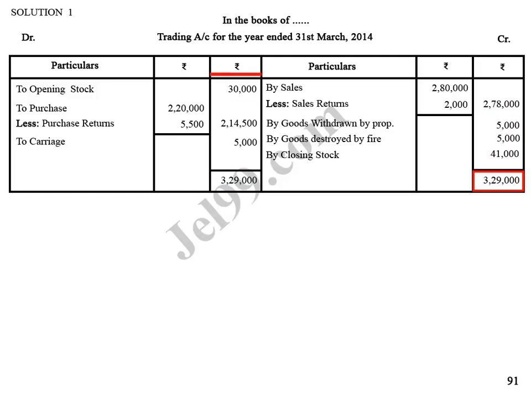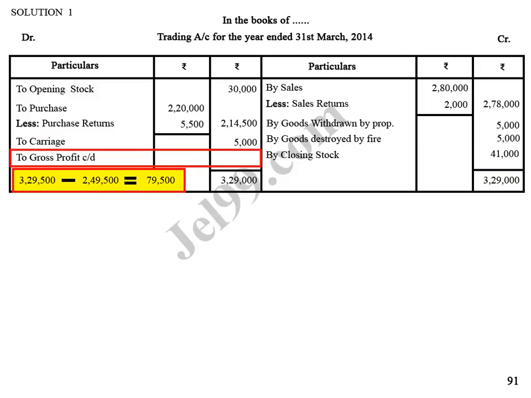Then total of debit side, that is ₹2,49,500, less from credit side of ₹3,29,000, so 3,29,500 minus 2,49,500 is equal to 79,500, so to gross profit carried down ₹79,500.